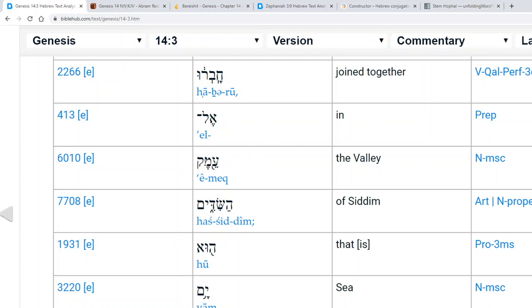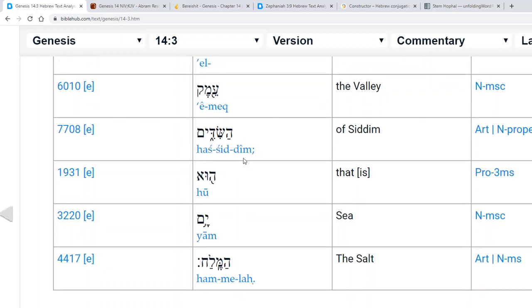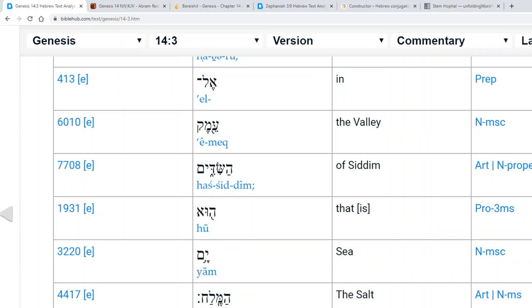It comes from the root ayin mem kof, which is low. Okay, ha shidim. That's the name of it. Emek hashidim. So the noun, I mean, this is a construct form. The article tells us that, and shidim is a name, right? They're translating it as Siddim.